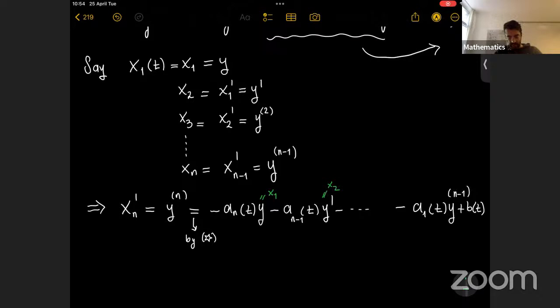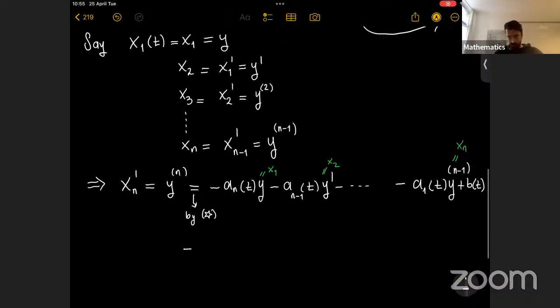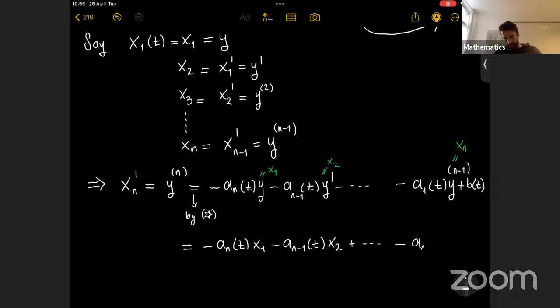And this here is xn. So what you get from this is minus an(t) x1 minus a n minus 1(t) x2, and you continue like this, minus a1(t) xn plus b of t.